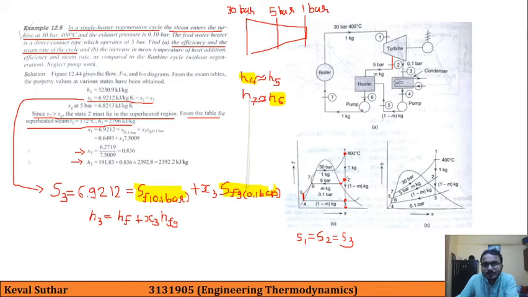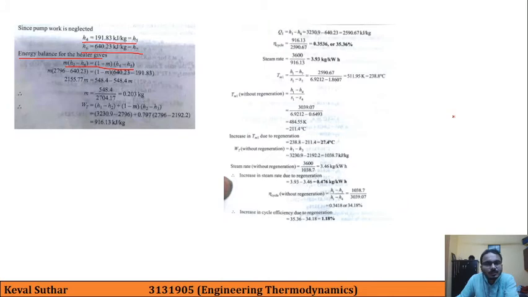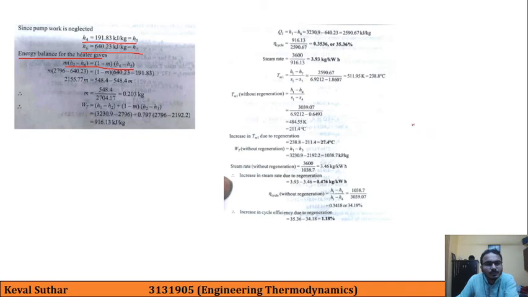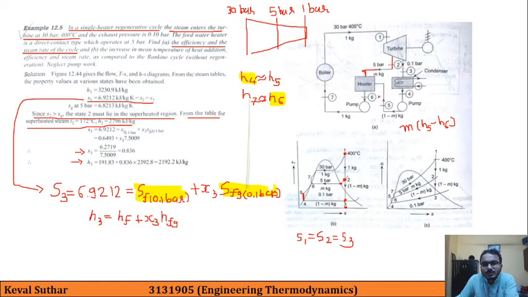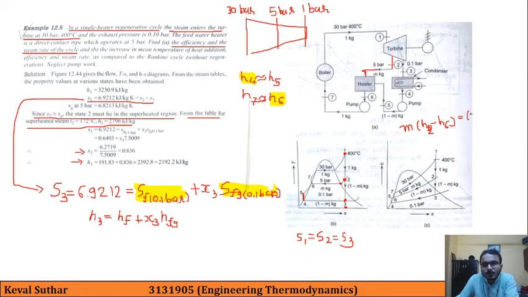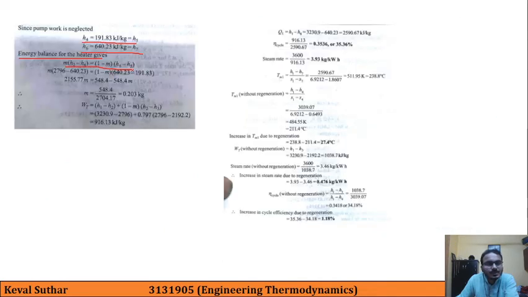That is, M into H2 minus H6, that is the energy content coming over here, is equal to 1 minus M into H6 minus H5.